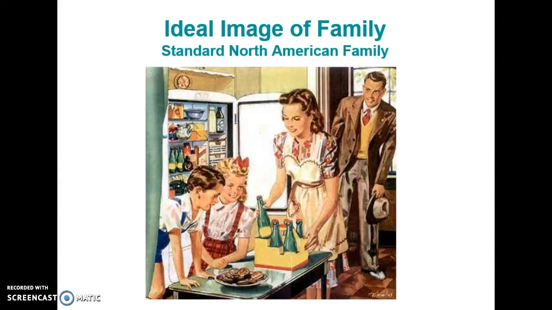Everybody's smiling, there's no problems, there are no socioeconomic difficulties, the family is intact, they are opposite sex parents. So this is sort of the stereotypical image, or what we call the standard North American family. And as I mentioned before, this is not really a very accurate depiction of most families, or the way that we see them these days.